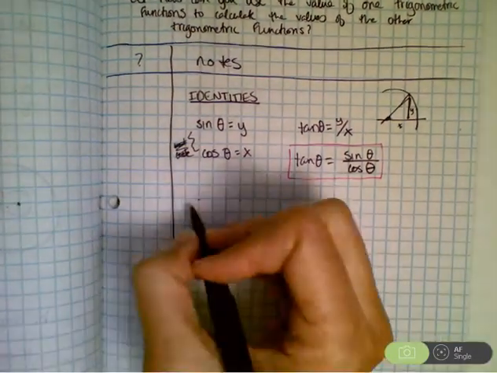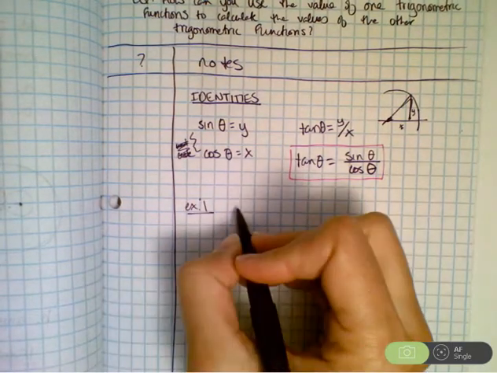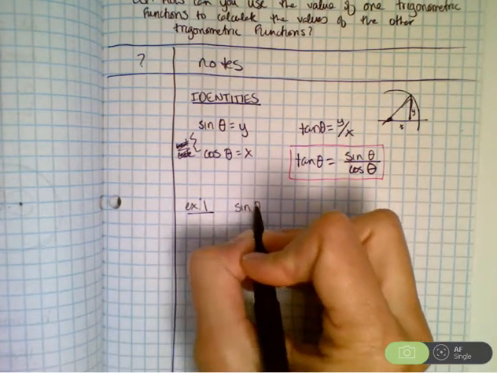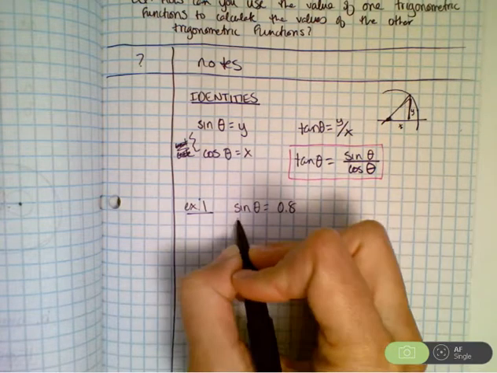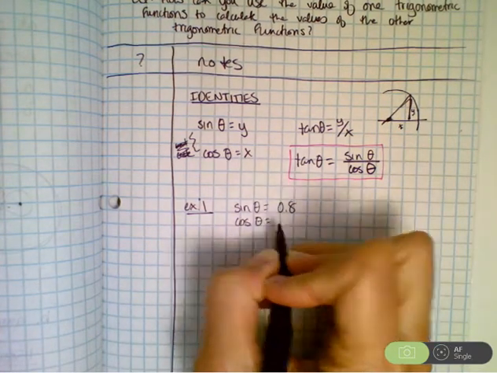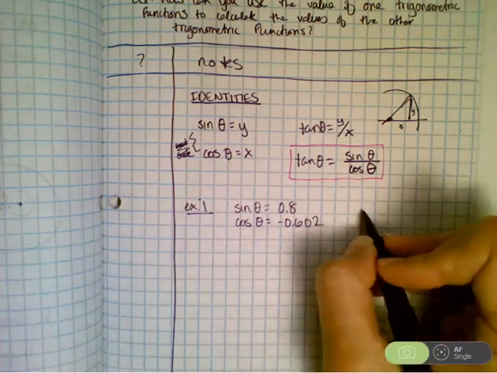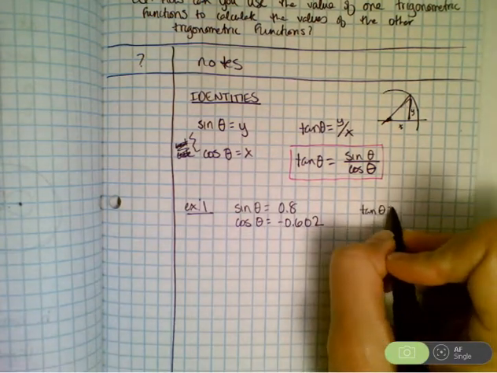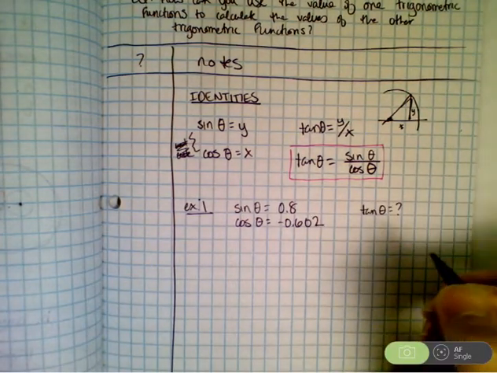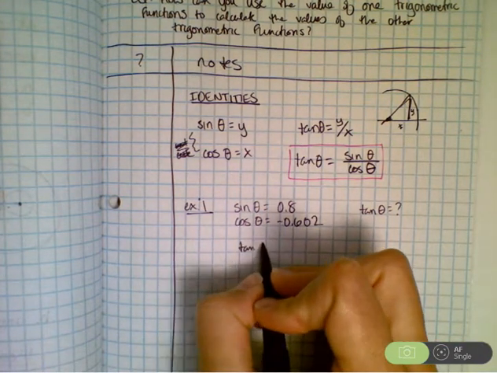So example 1 would be the most basic. If you know the sine of some angle is 0.8 and the cosine of the same angle is negative 0.602, and you wanted to know what the tangent of the angle was, well, tangent is just equal to sine over cosine.